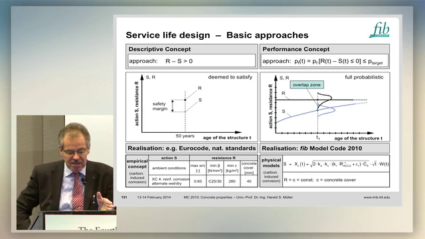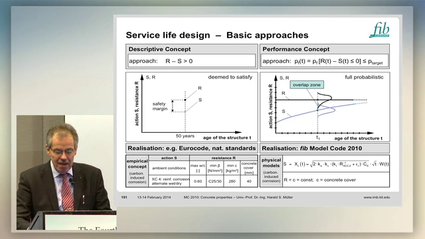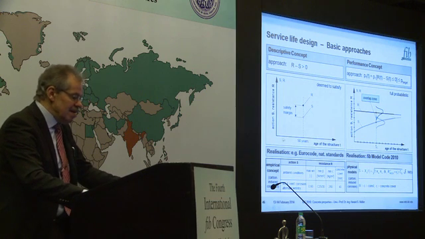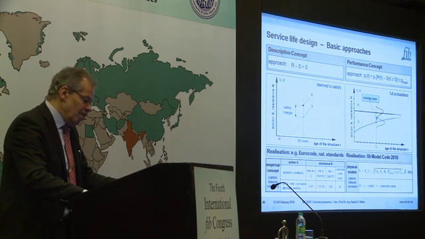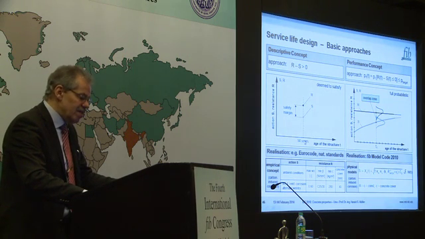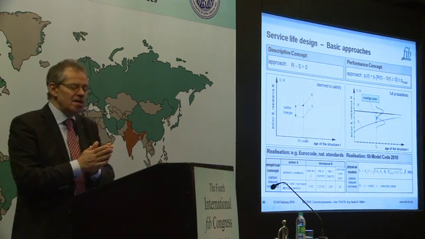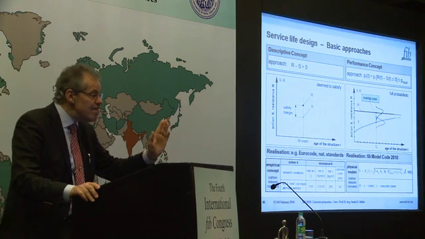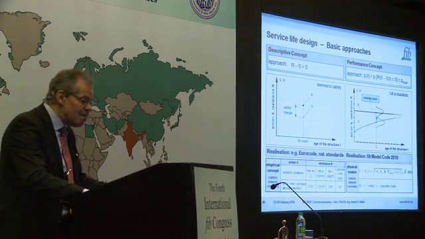And I will just explain to you very briefly the differences between the old concept we had, the descriptive one, and now the performance concept. In view of durability, we had the actions and the resistance, and we assumed that our concrete will withstand all the actions over 50 years. We had so far no clear idea about the safety margin.